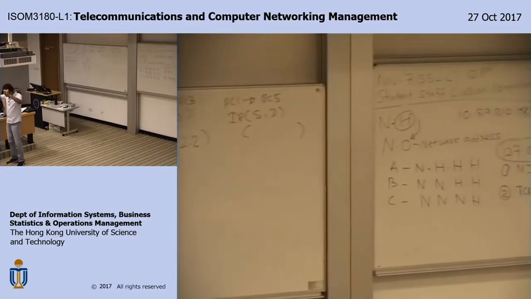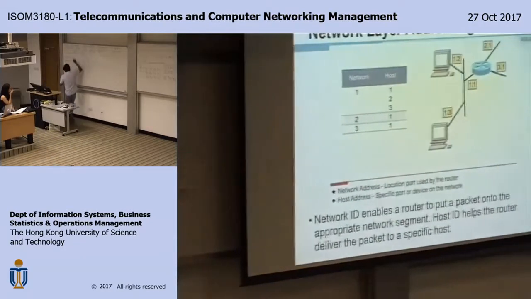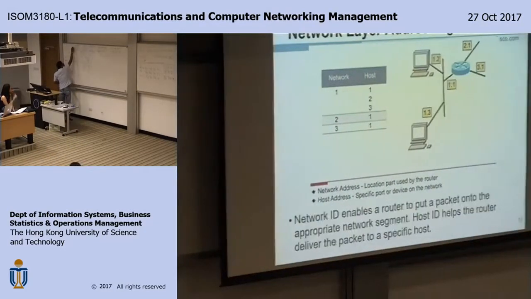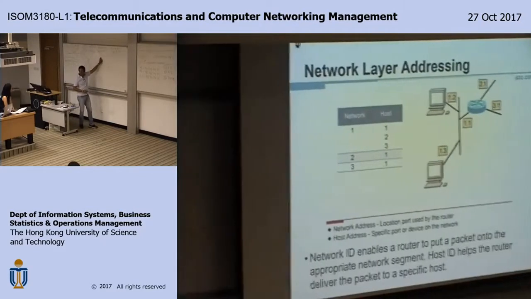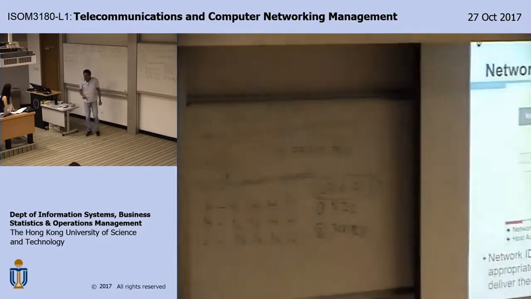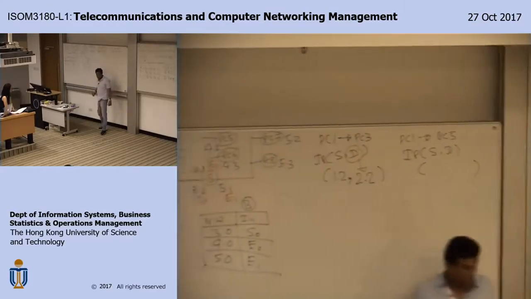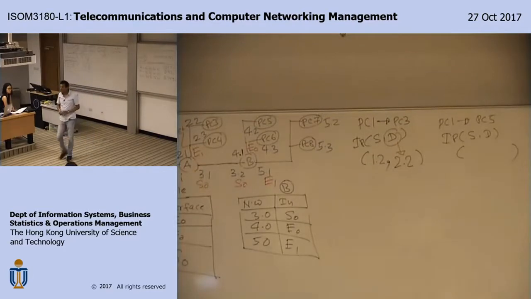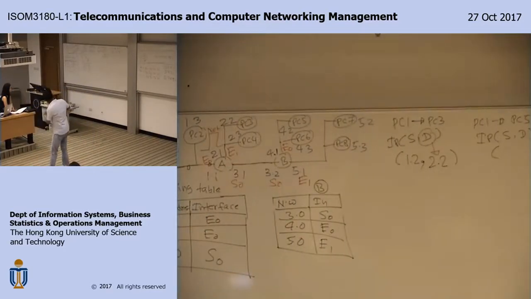Routers do up to the network layer, switches do up to the data link layer, remember? Then we can see the source and destination IP address, right? So we look at the destination IP address. What is the destination? 2.2.